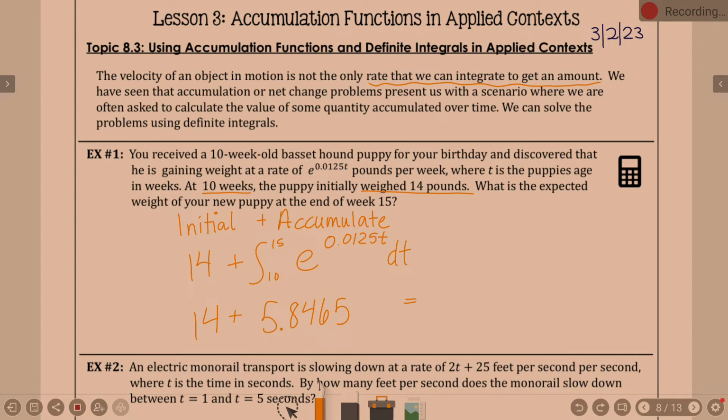Okay. From week 10 to week 15, the puppy gains almost 6 pounds. So then if the puppy weighed 14 originally, the puppy is now going to be at 19.847 if I go 3 decimal places.